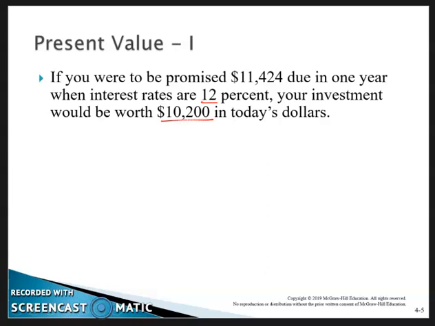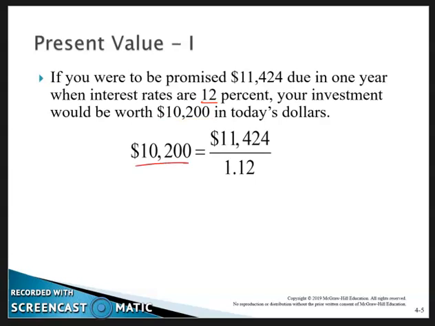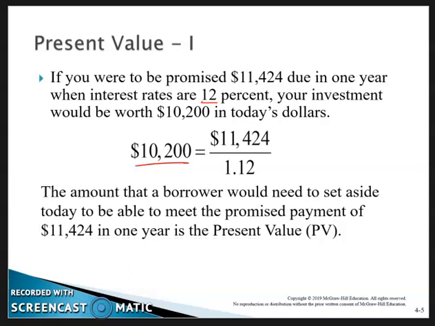So the calculation: $11,424 divided by 1 plus the 12% interest rate is equal to $10,200. If it was an obligation, the amount the borrower would need to set aside today to be able to meet the promised payment of $11,424 earning 12% is the present value, the PV.